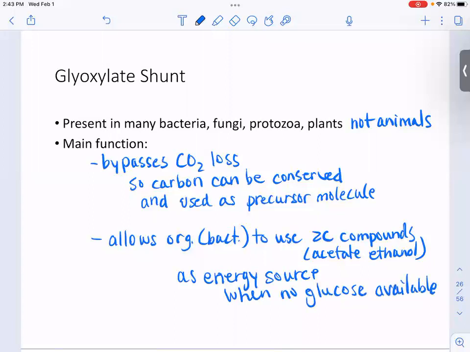Okay, so those are the main points of the glyoxylate shunt.